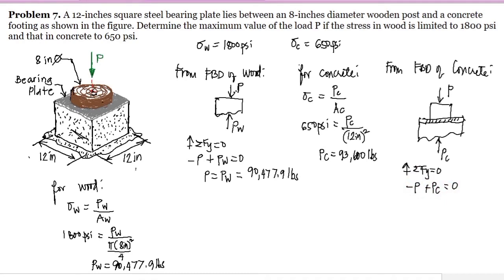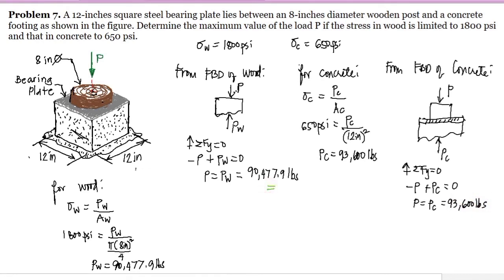So we can say that P is just equal to PC, and the PC, which is equal to 93,600 pounds.